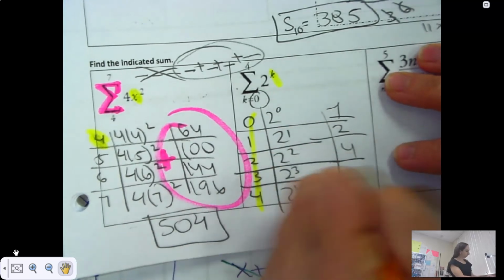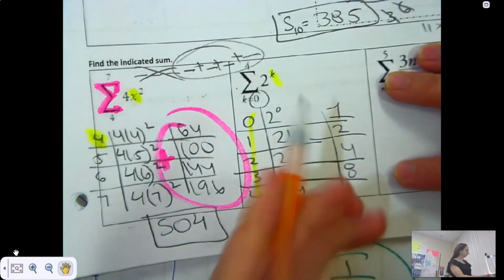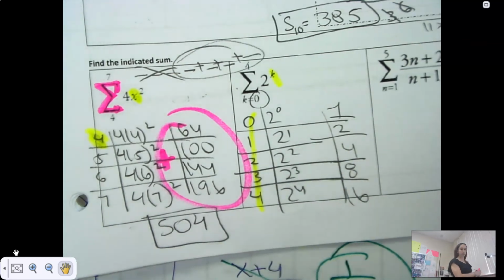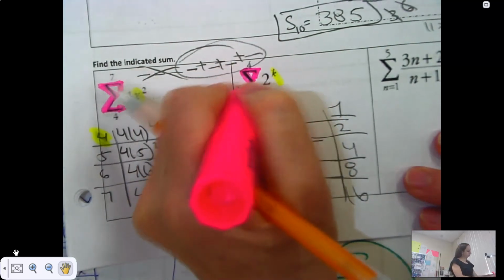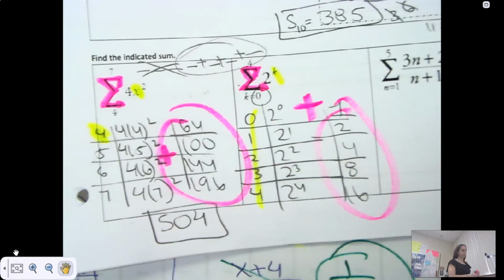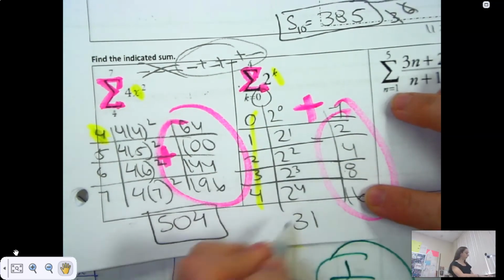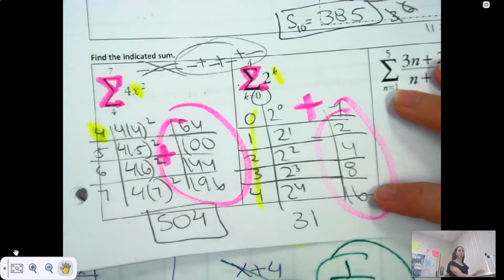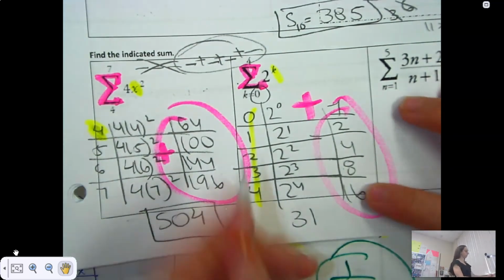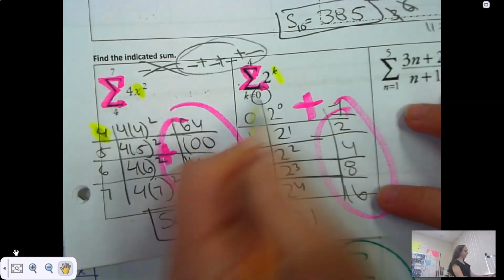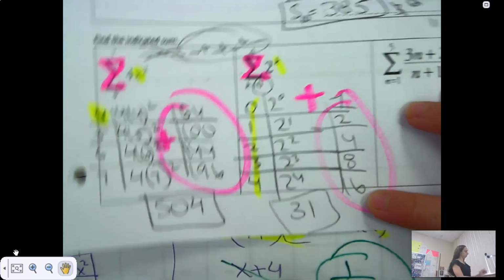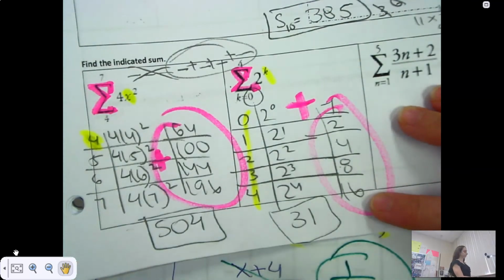This should be no problem. 8, and then 16. What should I do? If it's summation notation, I'm adding them up. So 3, 7, 15, 31. And I can't say the sum of the first 4 numbers, or even 5 numbers, because it's not the first 5 numbers. It's 0 through 4. So all you can say is the sum is 31.